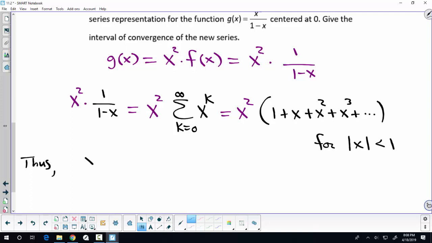Therefore, x squared over 1 minus x equals the sum, k equals 0 to infinity, of x to the k times x squared.